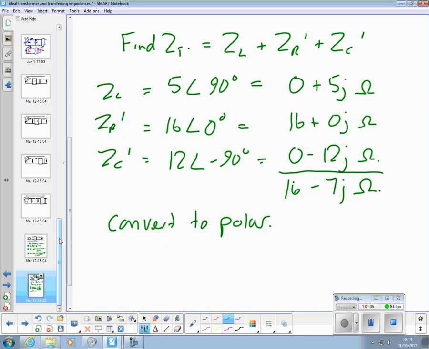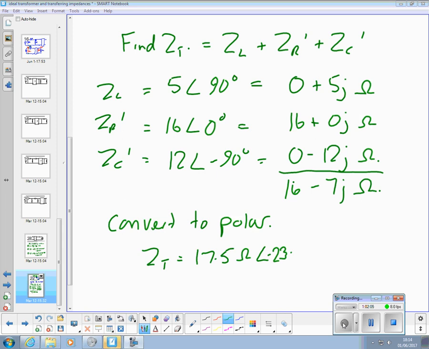So 16 minus 7j converted to polar goes 17.5 ohms, angle minus 23.6. That's very important.